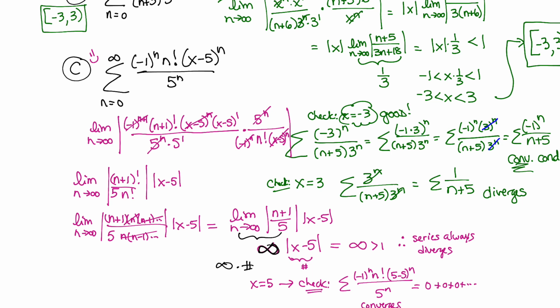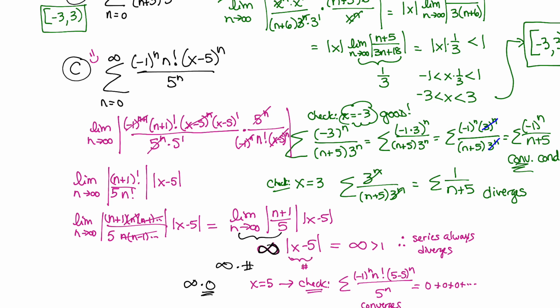So this diverges always so long as you get a number that's not 0. Infinity times 0 is an inconclusive statement. We don't know what infinity times 0 is when you're talking about limits. So you have to be very careful when you have 0 here.